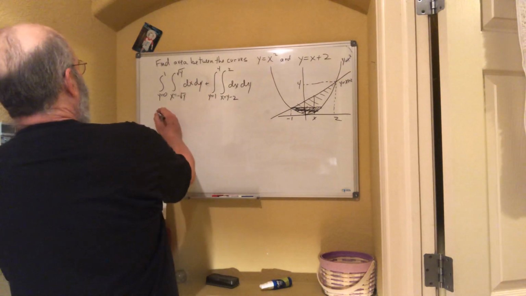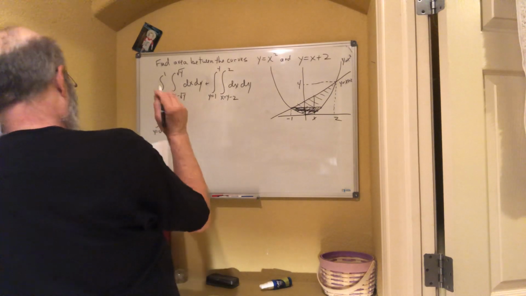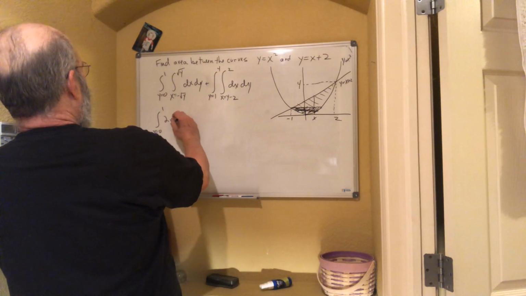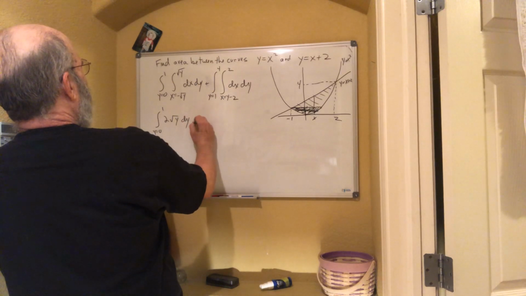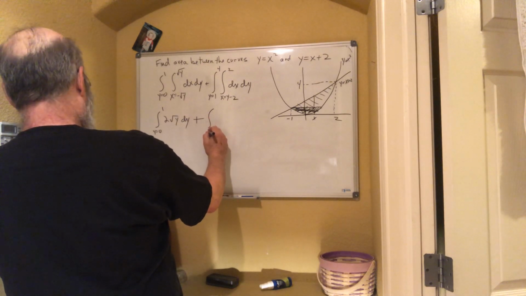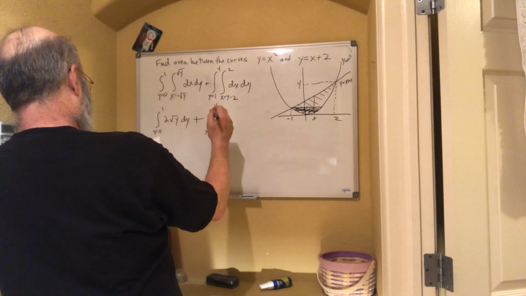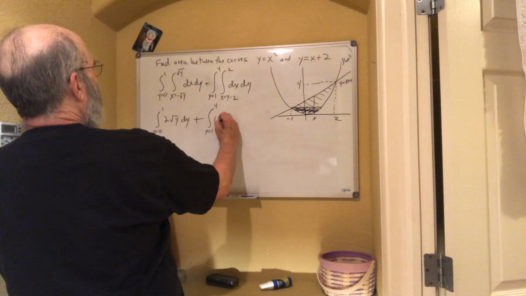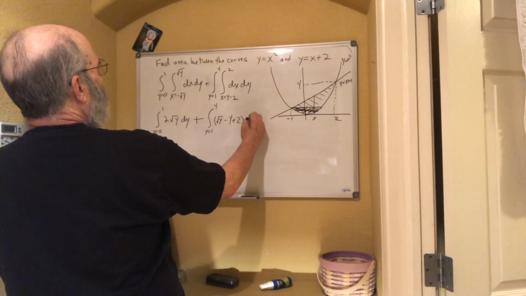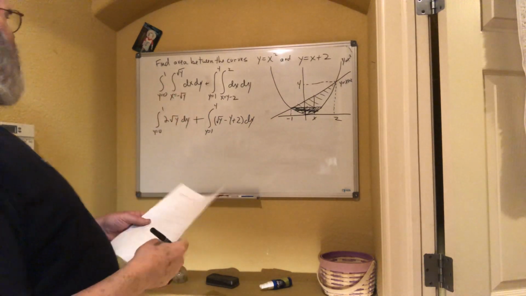So anyway, you do this integral, and I get y is 0 to 1 still, okay, and then the inner integral gives me 2 root y dy, and then this one over here again gives me still y goes from 1 to 4, like that, and then what I have here is root y minus y plus 2, integrate that over dy, okay, and it's a little bit messier, but not too bad.